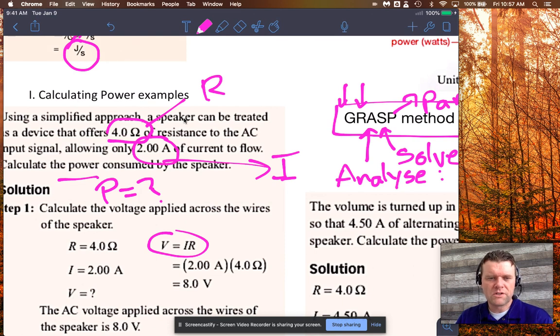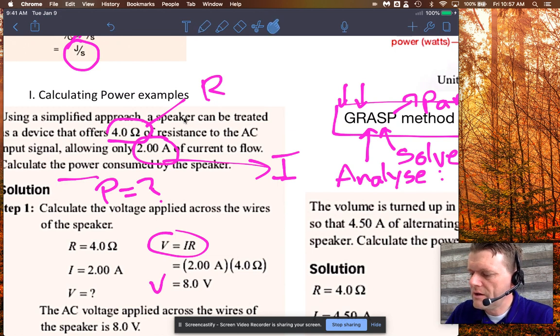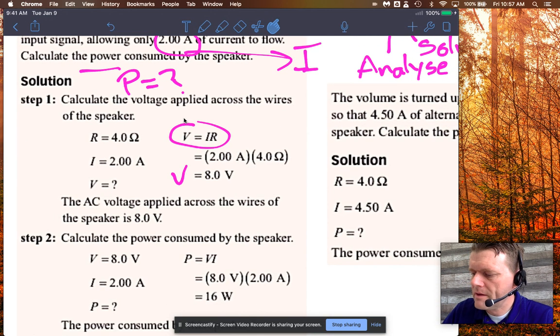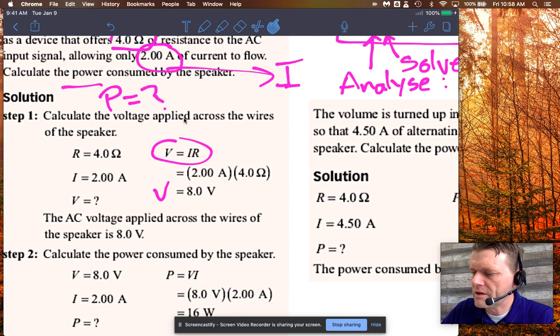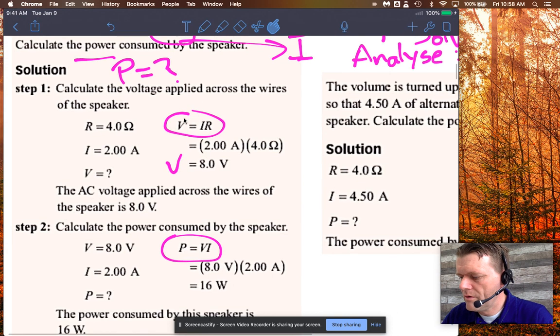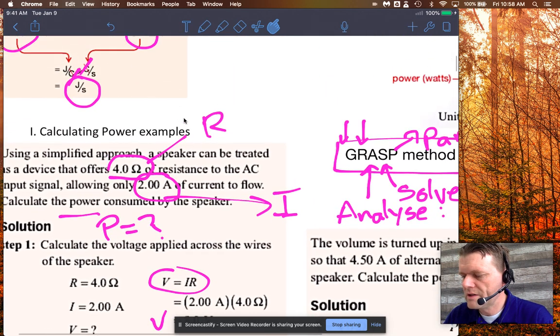So we have current and resistance. So I can first of all find the voltage, okay? And the voltage here looks like it's 8 volts. And then I can stick that into the power expression, which is right there, voltage times current. So then I get 16 watts, okay?